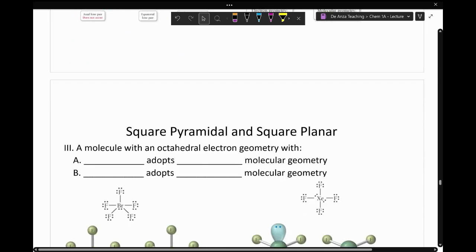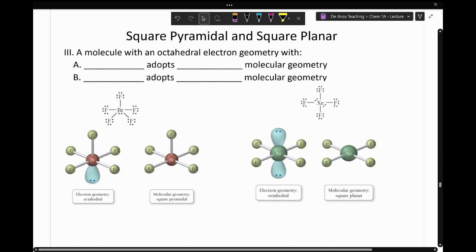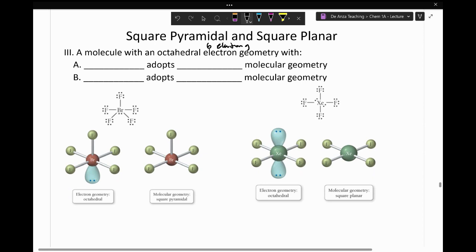Then our last one is when we look at our molecules with octahedral electron geometry, so meaning that they have 6 electron groups. And so with this, what we'll see is that when we have 1 lone pair, we're going to adopt a square pyramidal geometry. Sorry, not square planar, square pyramidal.